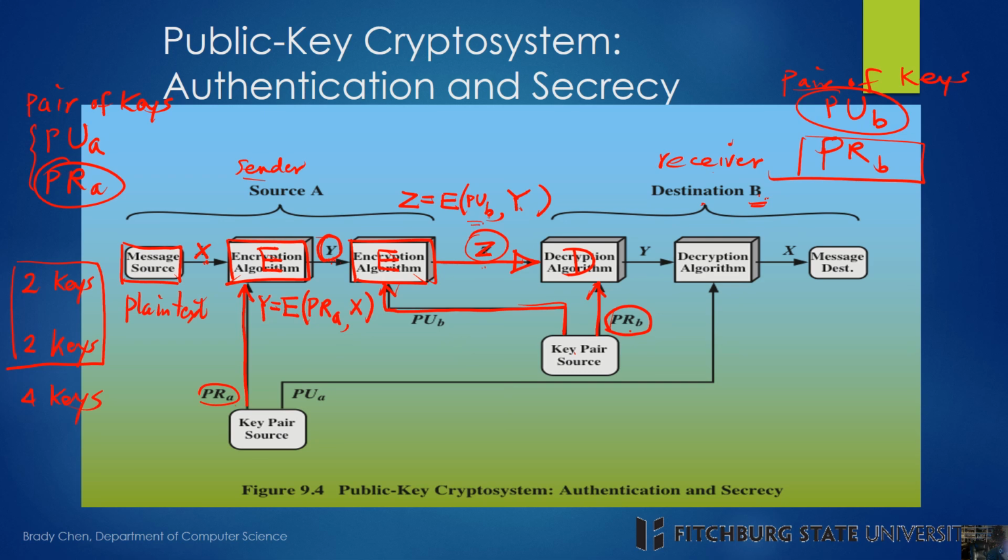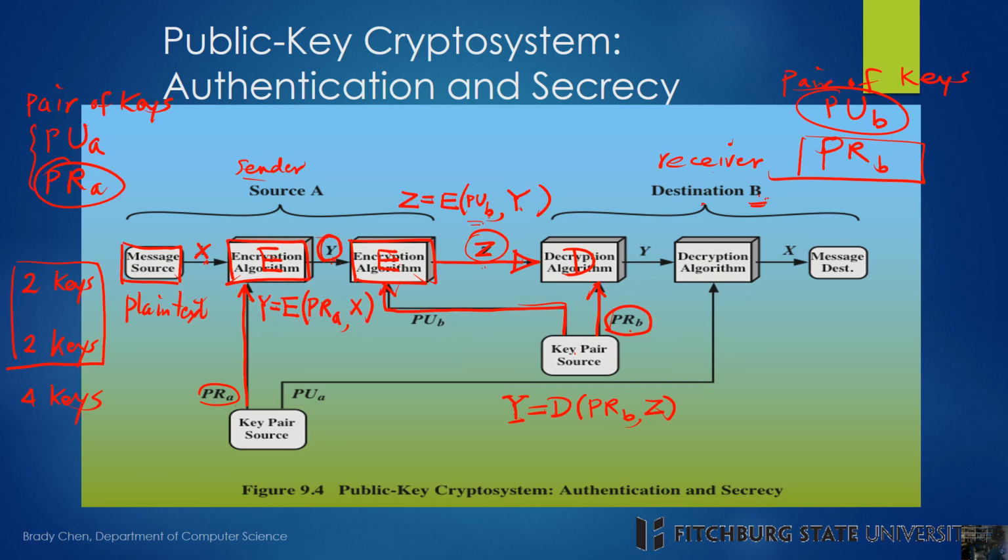The second time, the sender encrypted Y using the public key of the receiving side. So when the receiving side receives it, it will first use the decryption algorithm with the private key of the receiving side and the ciphertext Z. And hopefully this is going to restore the message back to Y, right?